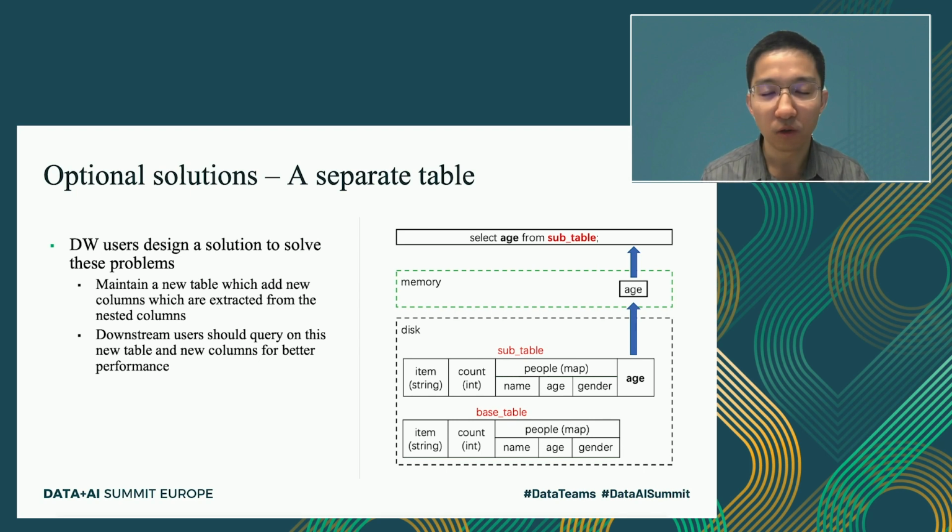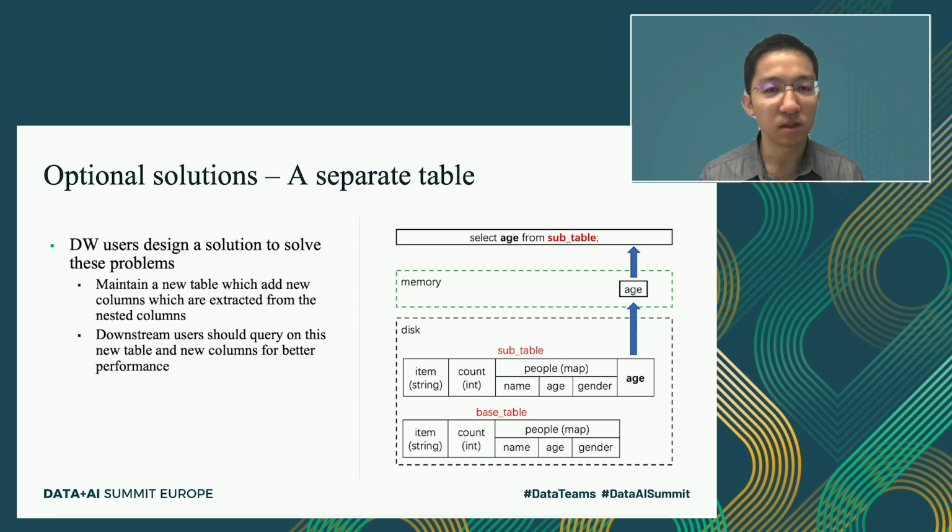For example, on the right side, we can see that besides the base table, the user can create another table named subtable. The subtable has another column named age, and the content of age is the same as the subfield age in the people column.